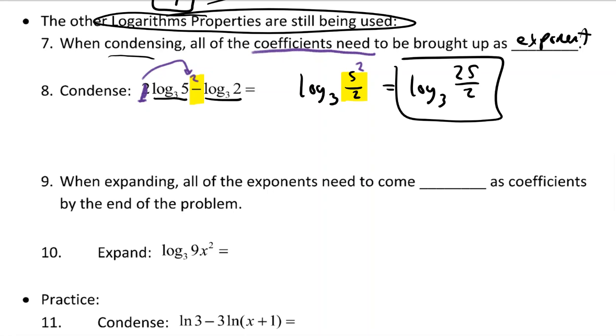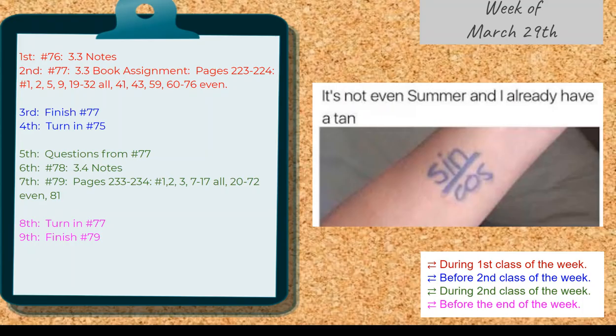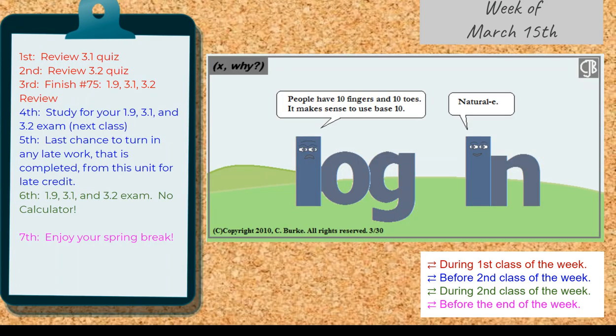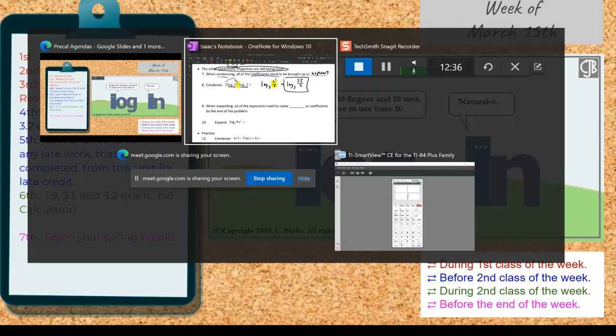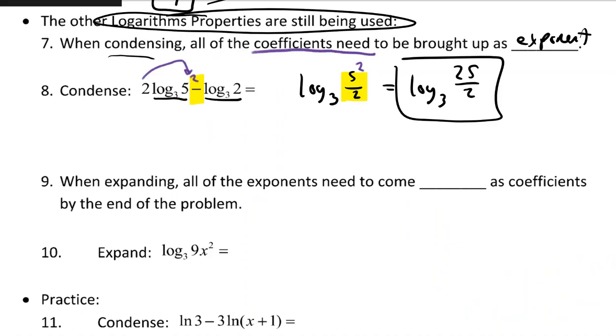Okay, and then if we expand, at the end of the question, we want those exponents to come down as coefficients.